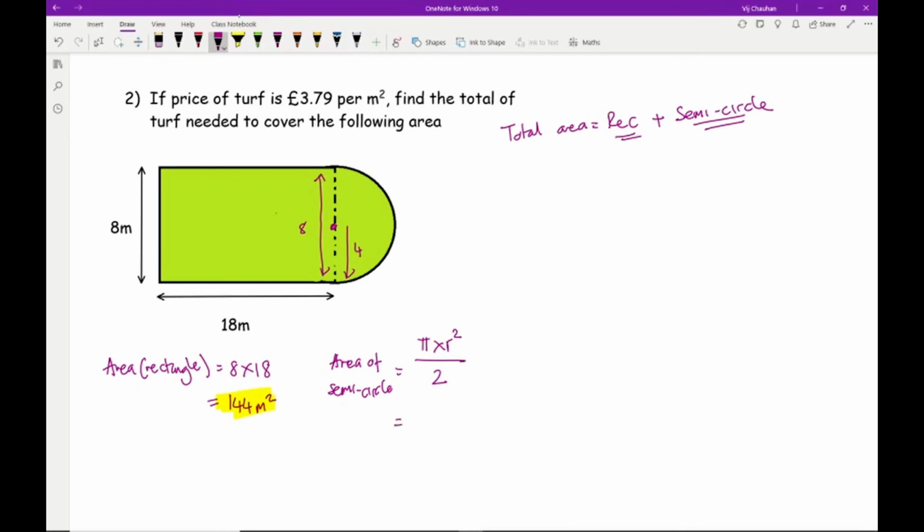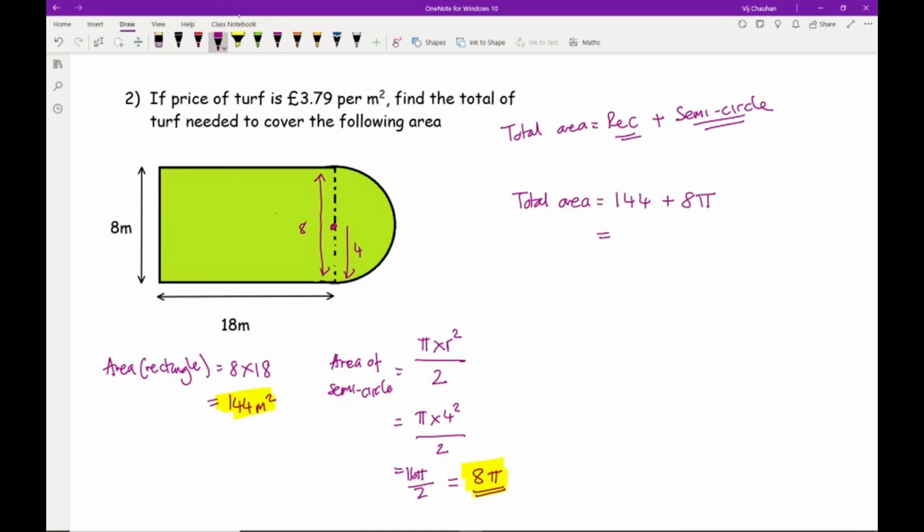So the area of the semicircle is pi times 4 squared divided by 2, which is 16 pi divided by 2, which is just 8 pi. So now I've worked out the area of the semicircle and the area of the rectangle, so the total area is going to be 144 plus 8 pi.